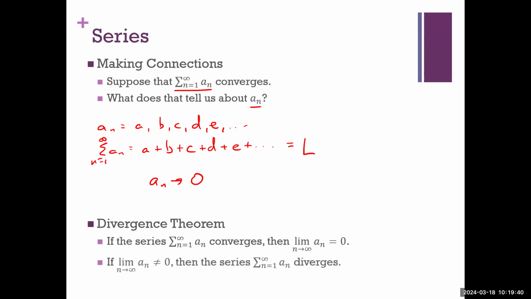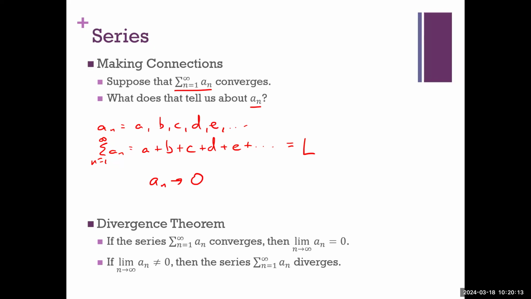What can I say that goes with this, though? What if the sequence is anything other than 0? What does that mean about the series? It has to diverge, right? Because let's say the sequence goes to 1. Then you're going to be adding numbers close to 1 with every successive term, so it can't converge. So a couple of different ways to think about this idea.